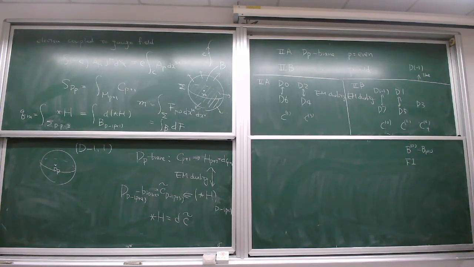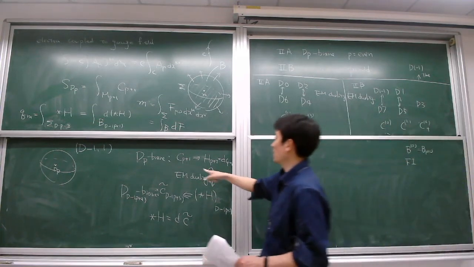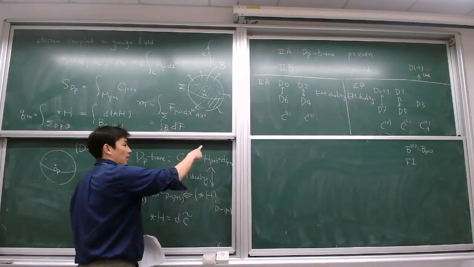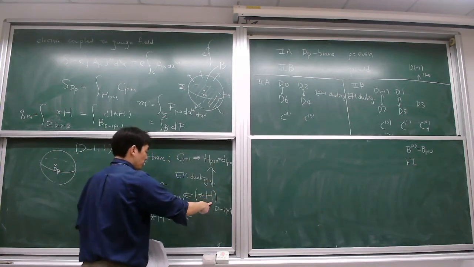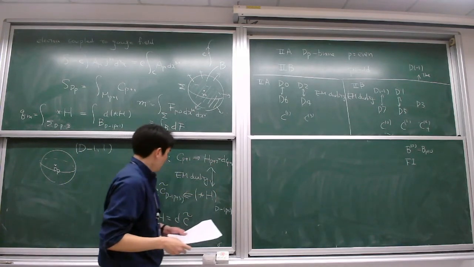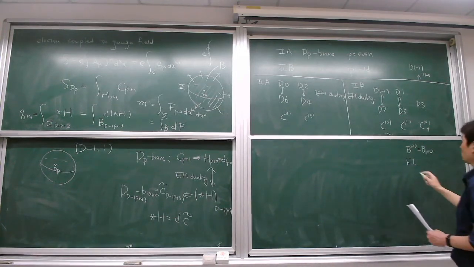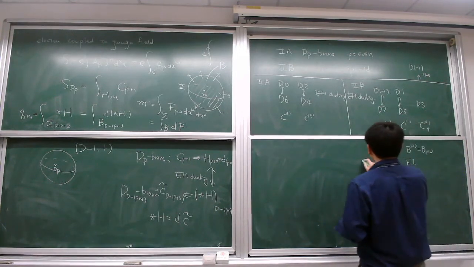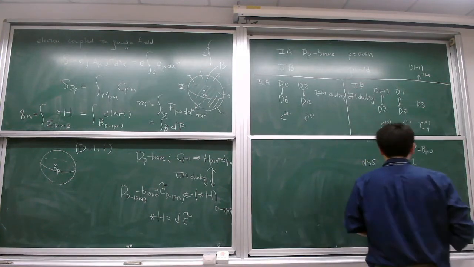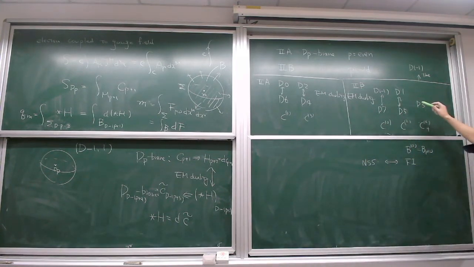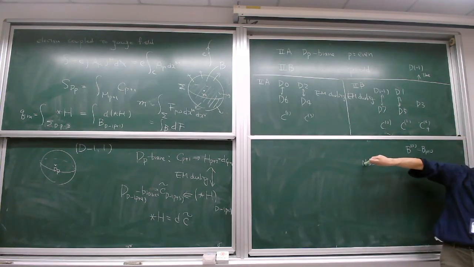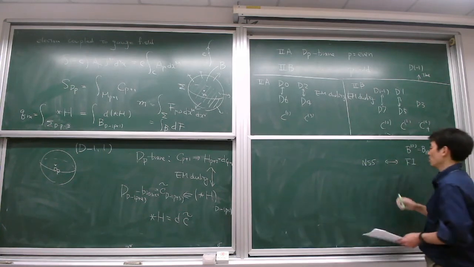You can do a similar exercise, taking the magnetic dual, and you get the dual of this object. That's called the NS5 brane. As you can see, D1 is magnetic dual to D5 brane. So F1 is electromagnetic dual to the so-called NS5 brane.